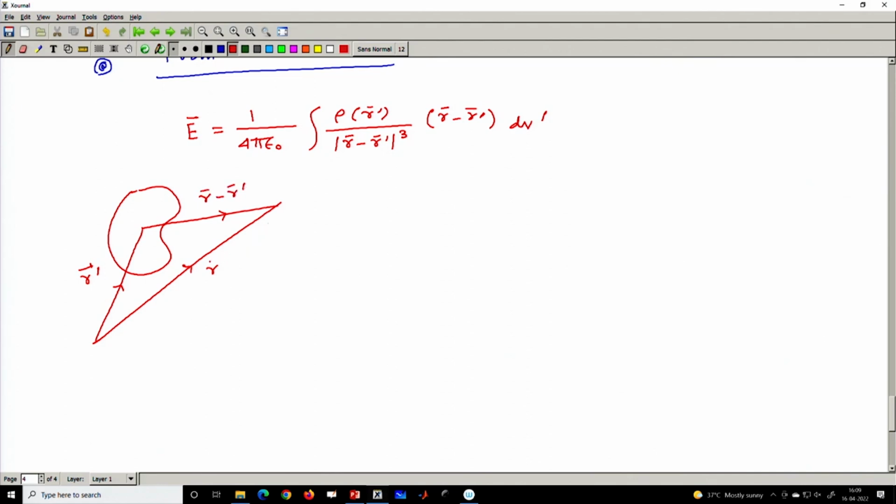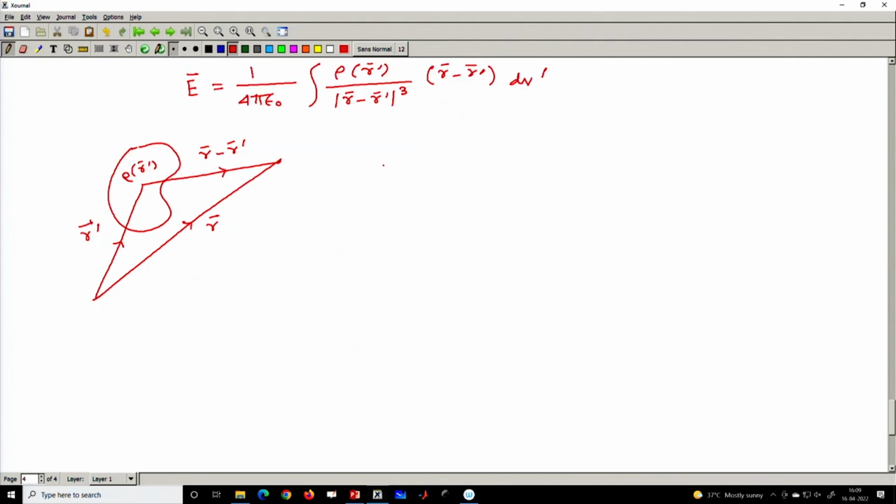So, the field I am calculating at this point, and this is the charge distribution we are having. So, this is the structure. For that, the electric field should be this one. I need to integrate. So, rho is here, which is a function of r prime, and I can calculate the volume integral with this, and then the total electric field I can calculate.